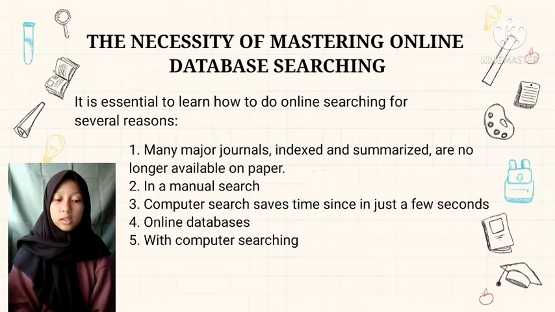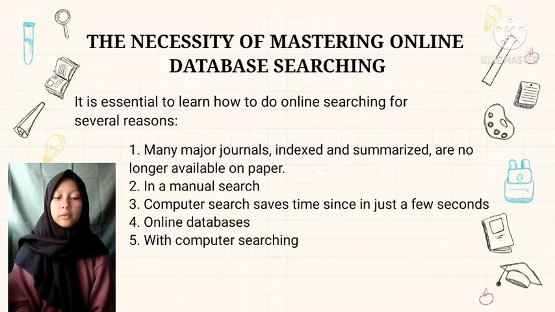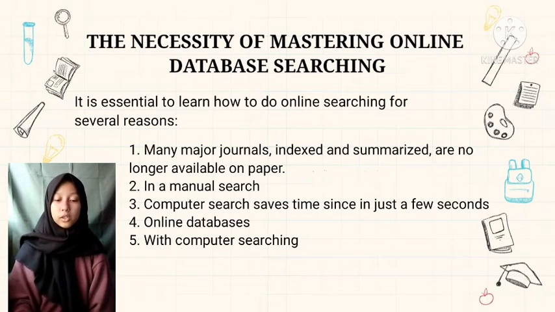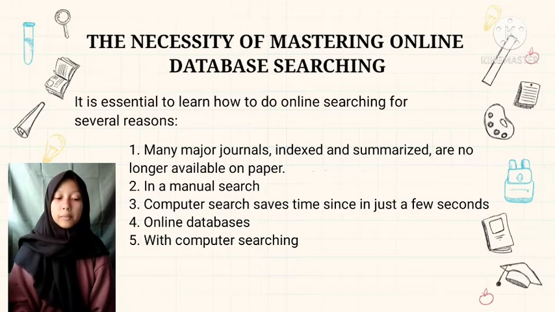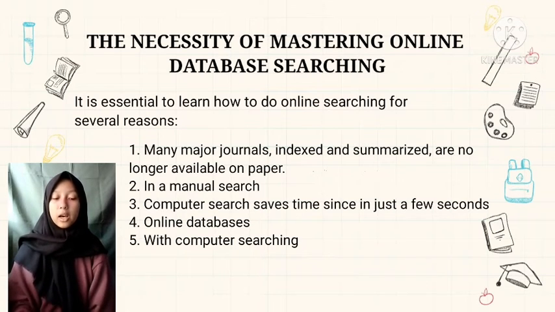Computer search saves time, since in just a few seconds the computer can read, type, and print information, eliminating hours or even days of a manual search. 4. Online databases are frequently updated on a weekly or bi-weekly basis, making them generally more up-to-date than printed indexes.